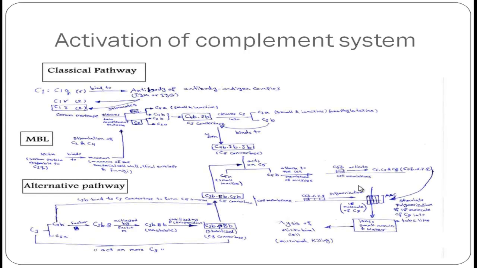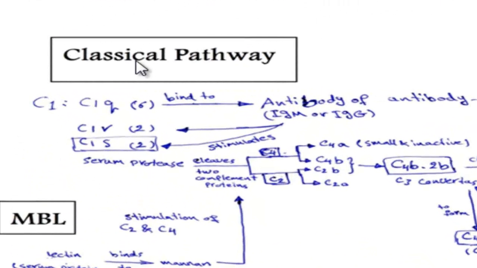Now, the activation of the complement system. The complement system is composed, as we mentioned before, of three pathways: classical pathway, alternative pathway, and MBL. The classical pathway begins with C1, complement number 1, which is composed of three subunits.